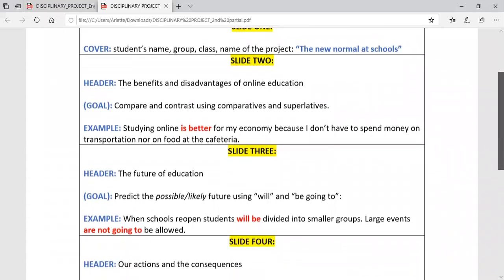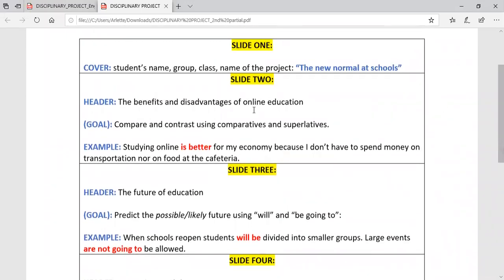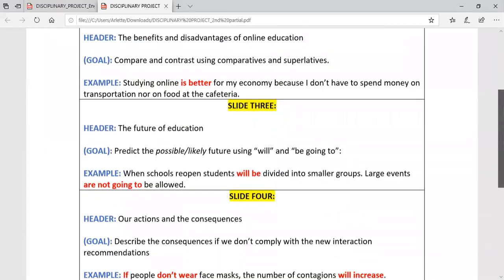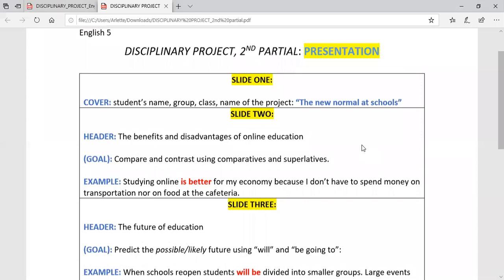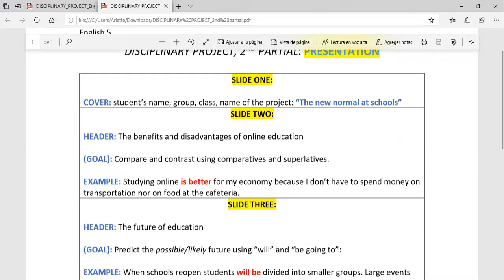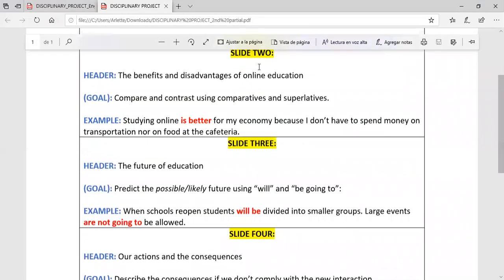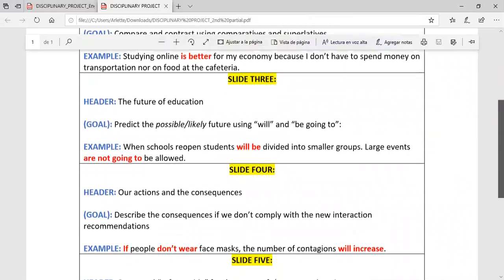Bueno, luego obviamente tienen que utilizar los superlativos y comparativos, pero también pueden utilizar ese vocabulario, no está mal. Pueden utilizar cualquiera de esas estructuras. Aparte no tienen que escribir mucho. Recuerden que son 40, 50 palabras por diapositiva. Entonces, bueno, pues como ustedes ven, hay más vocabulario para la diapositiva 2.